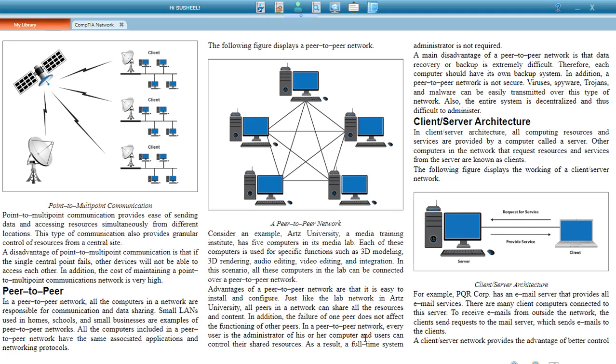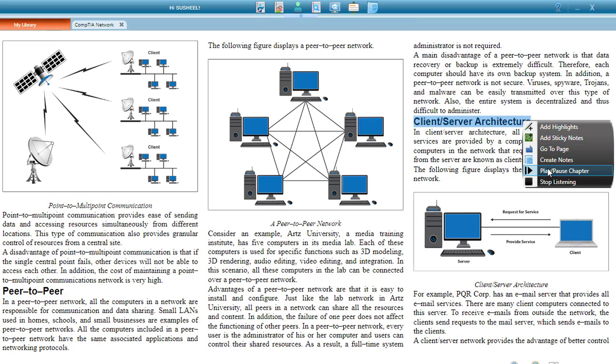Consider an example. Arts University, a media training institute, has 5 computers in its media lab. Each of these computers is used for specific functions such as 3D modeling, 3D rendering, audio editing, video editing, and integration. In this scenario, all these computers in the lab can be connected over a peer-to-peer network.